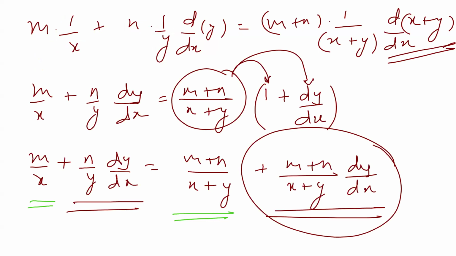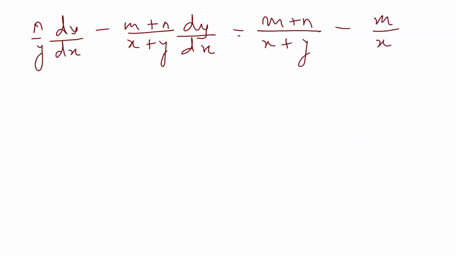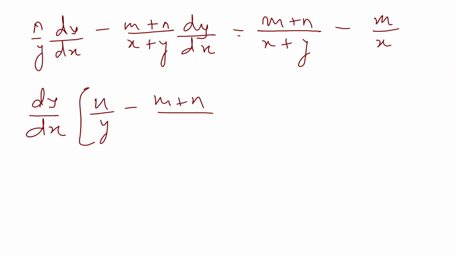Okay, now group the terms. Take common on the left hand side. Dy by dx is common. n upon y minus m plus n upon x plus y, equals m plus n upon x plus y minus m upon x.